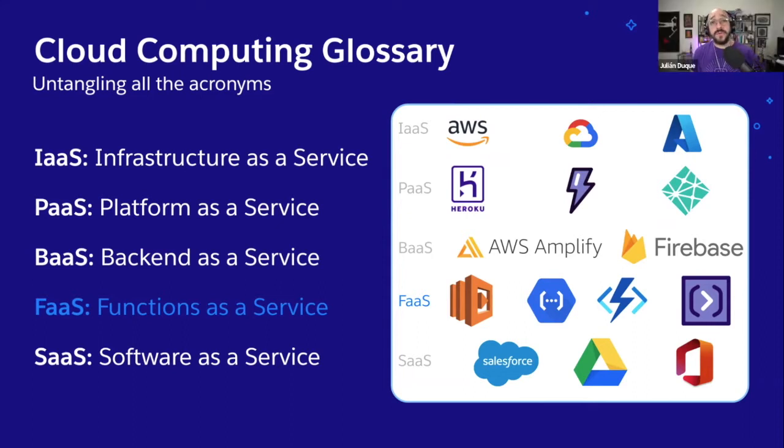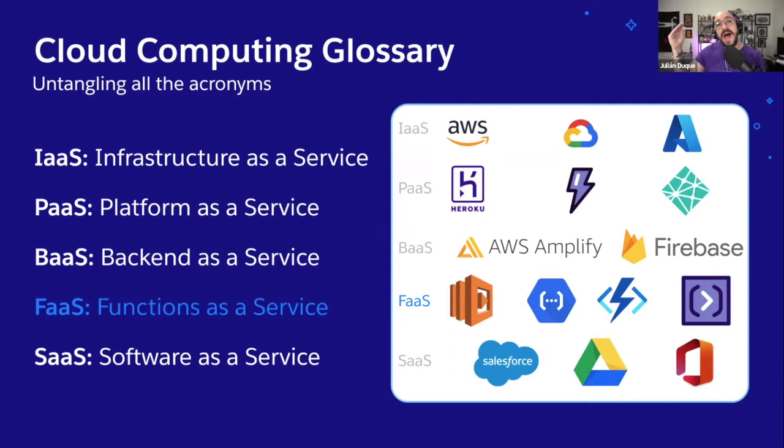So continuing with functions, let's see where functions fit into this whole cloud computing buzzword and glossary. We have a bunch of different acronyms in cloud computing, so I'm going to start describing those and see where functions fit.